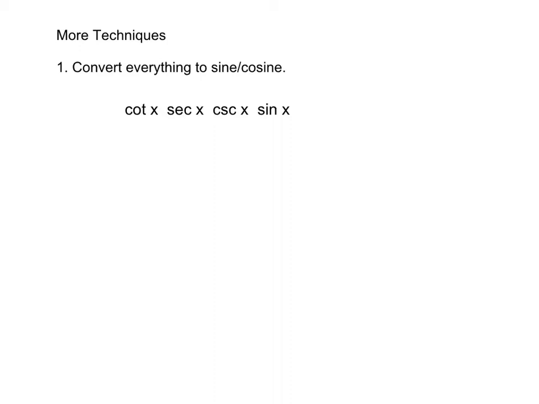Okay, the first technique is to convert everything to sine and cosine and see if something cancels. So first of all, cotangent is cosine over sine. Secant is 1 over cosine. You can see right now the cosines are going to cancel. The cosecant is 1 over sine. And then I have just sine x over 1.